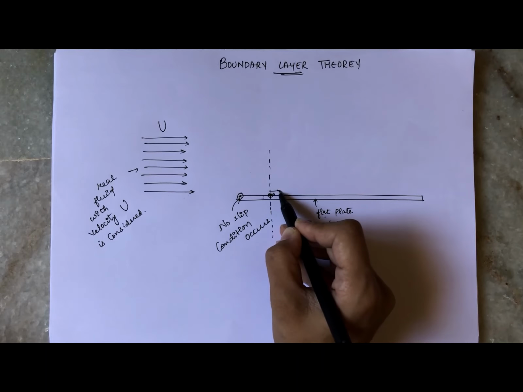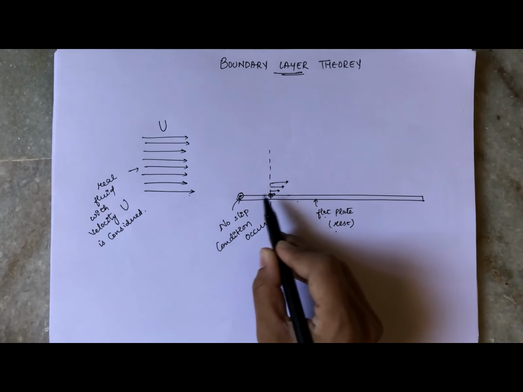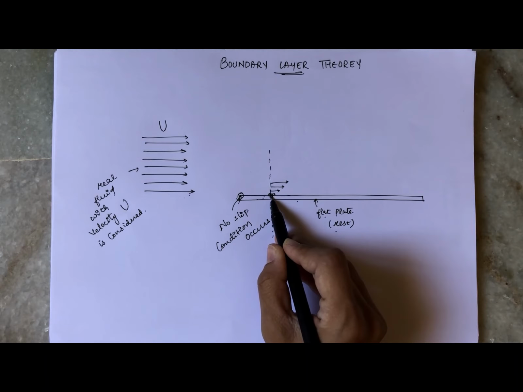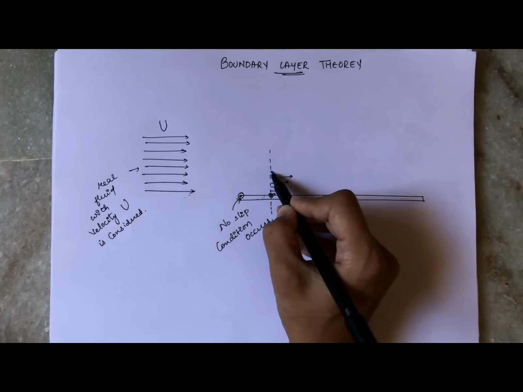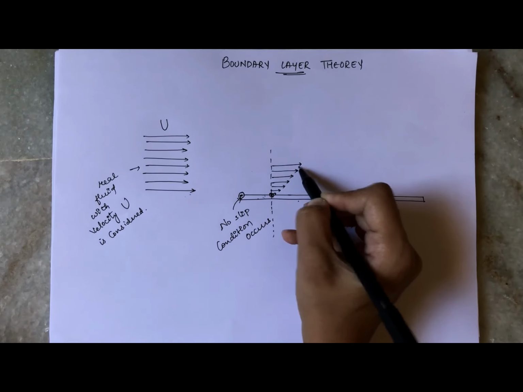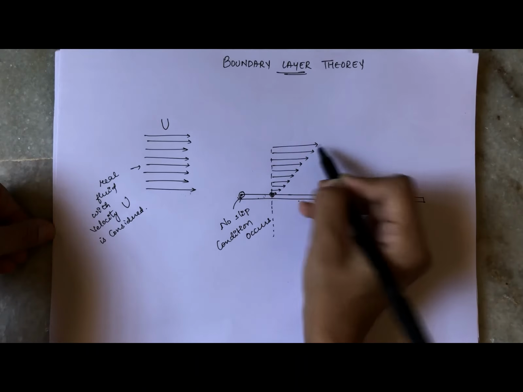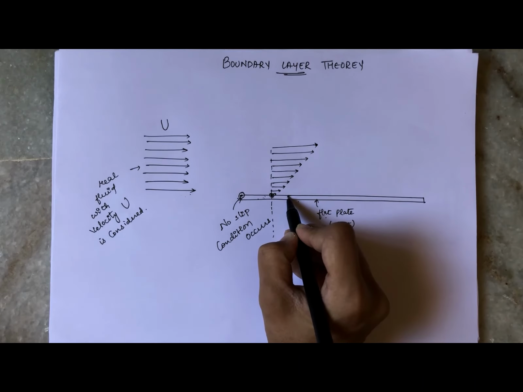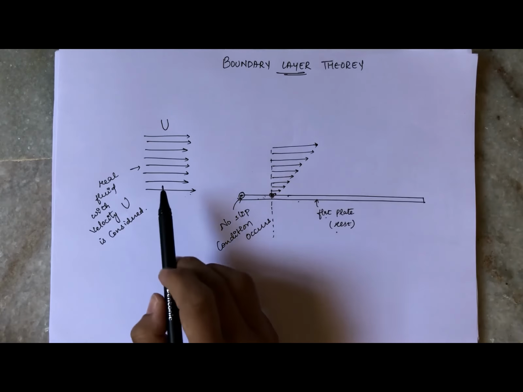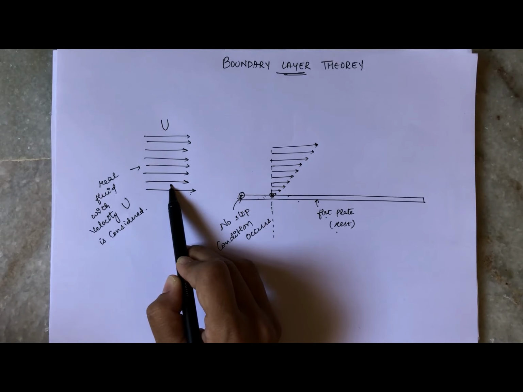Its velocity will increase slowly as the flat plate imparts resistive force on the flowing fluid, and at some point the velocity of the fluid over the flat plate will become equal to the velocity of the real fluid flowing without any obstruction.